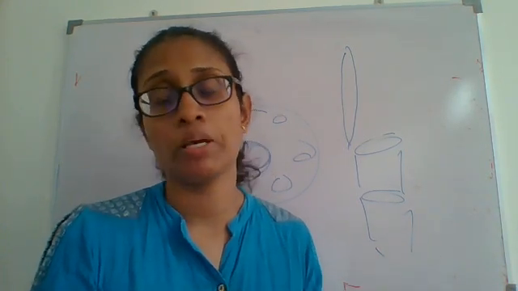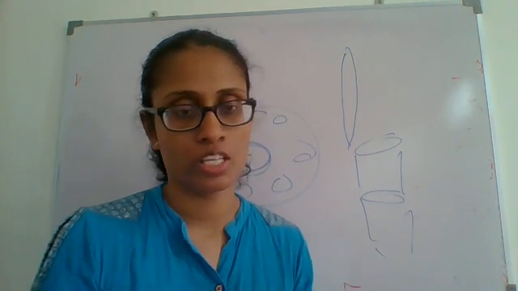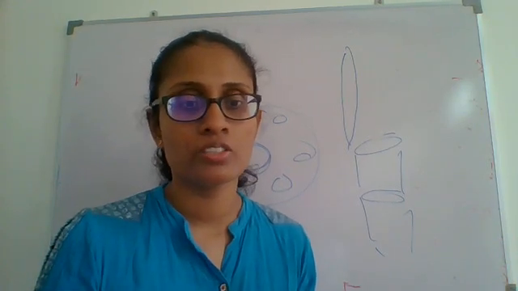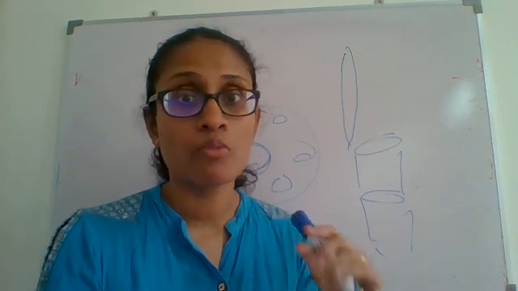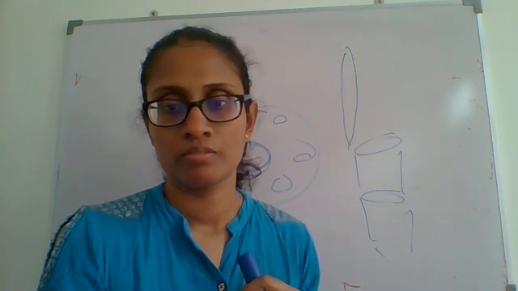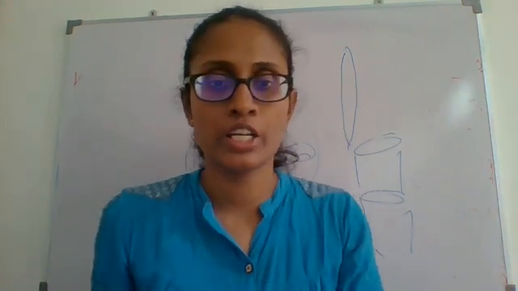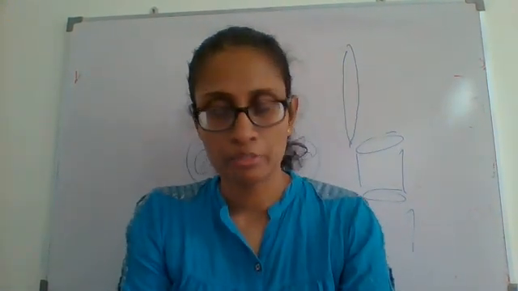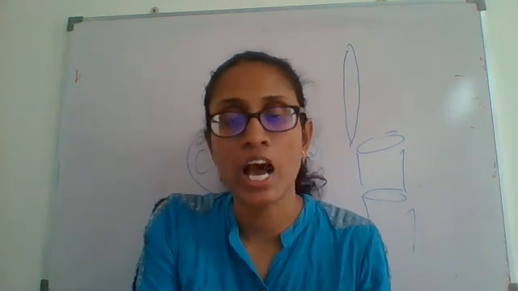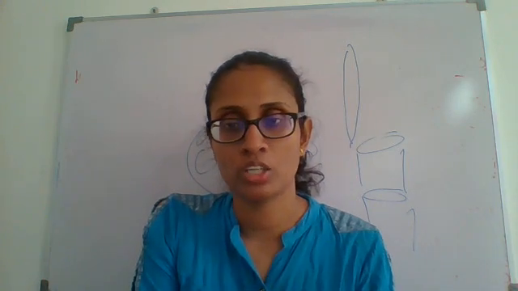Xylem parenchyma are the living cells. They have very thin cell walls, and they are involved in food storage. So again, xylem vessels, xylem fibers, and tracheids are dead due to lignification of cell walls.